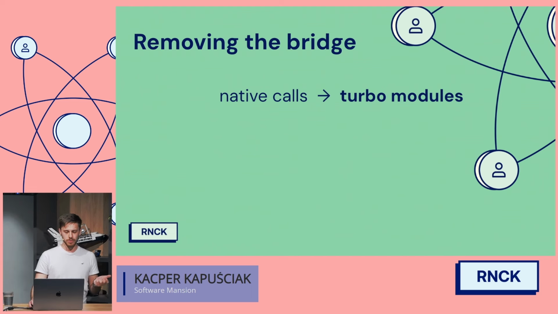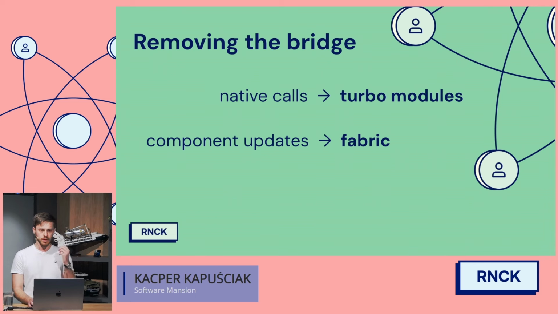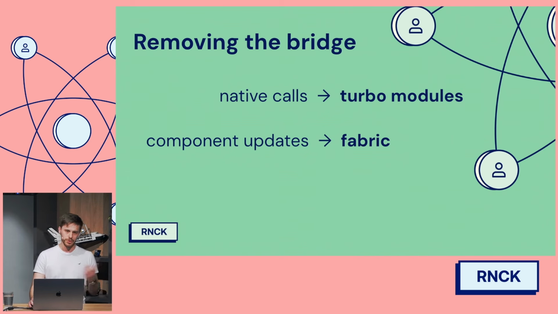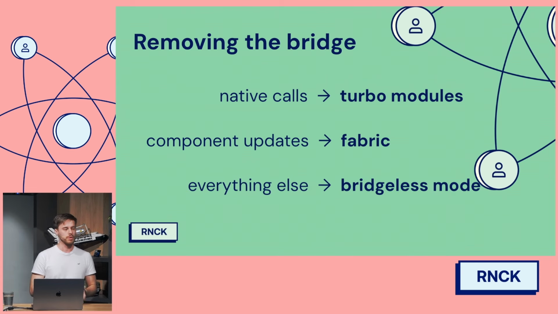Next part was to remove the bridge from updating the components, and that was possible by introducing the Fabric renderer, which also uses JSI underneath. And the third part was everything else, for example error messages, error handling, and event emitters. That's all called Bridgeless mode.